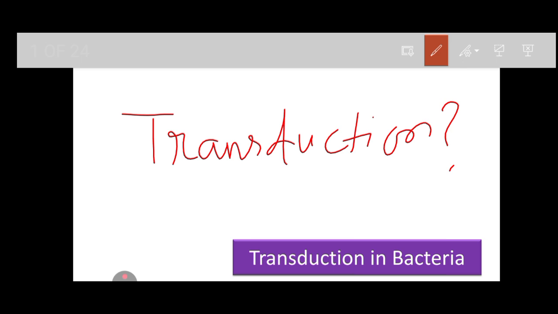Remember, in simple words, transduction refers to the transfer of genetic traits between bacterial population by a virus, typically a phage. In this case, bacteriophages are key role players, right. So, with this basic idea, we'll move on to the next slide.